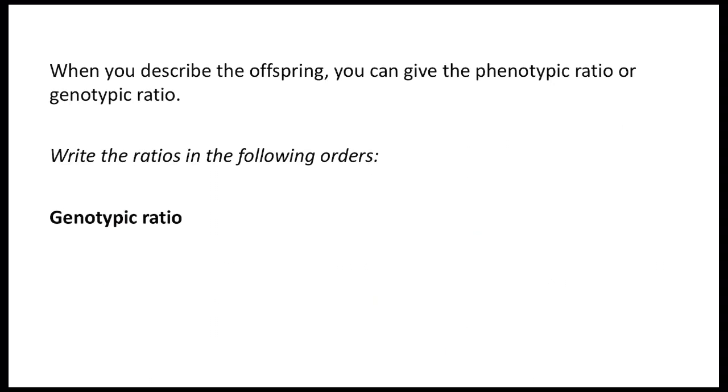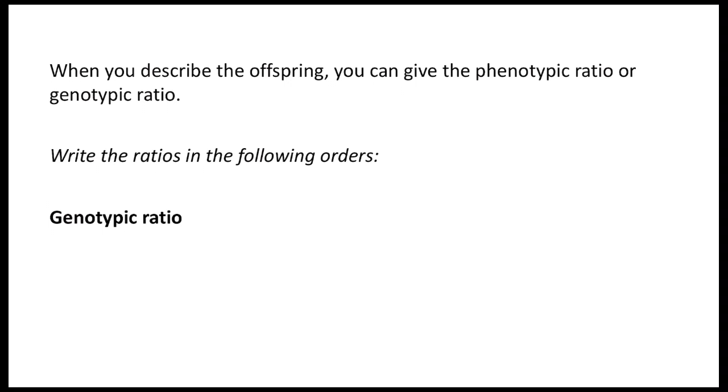So once we have our Punnett square, we can write a ratio, and this is known as the genotypic ratio. We can also write a phenotypic ratio based on that. So write the ratios in the following order, or the ratios in your notes don't match the Punnett square that we just did.